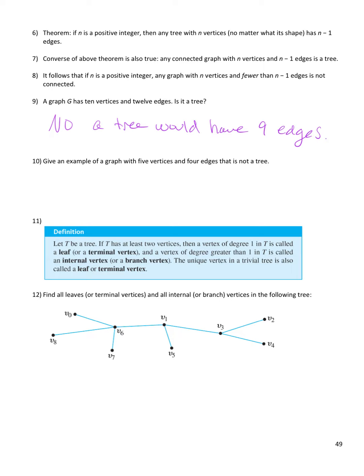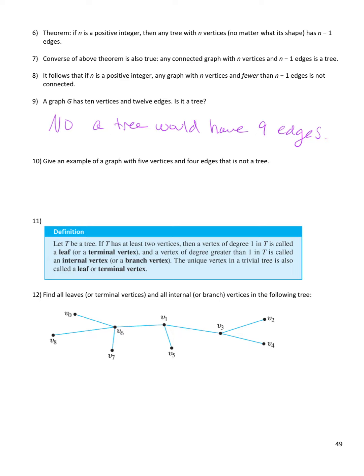All right, let's see if we can give an example of a graph with 5 vertices and 4 edges that is not a tree. So this sounds like it should be impossible because if it has n vertices and n minus 1 edges, it's a tree, but that's only if the graph is connected. So if this has 5 vertices and 4 edges and it's not a tree, it must not be connected.